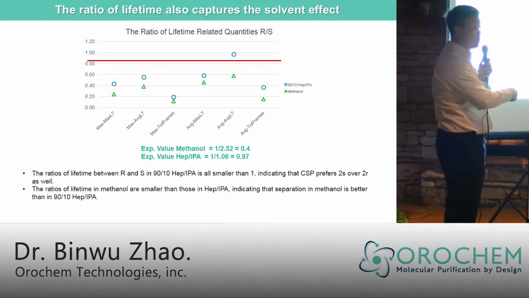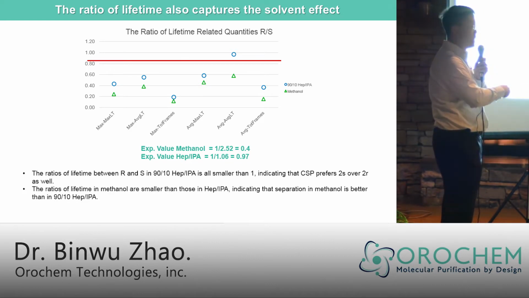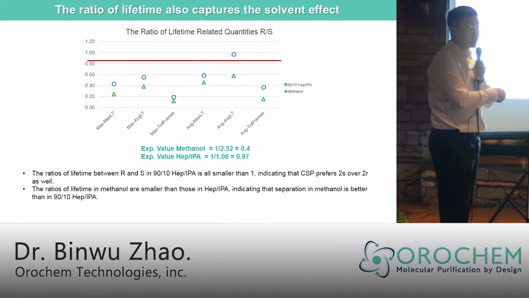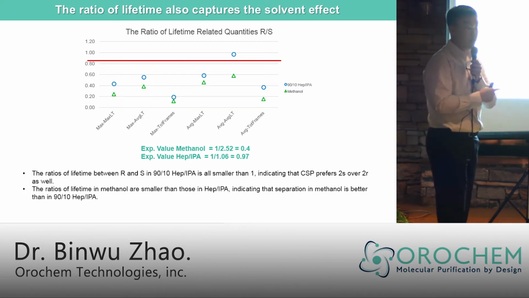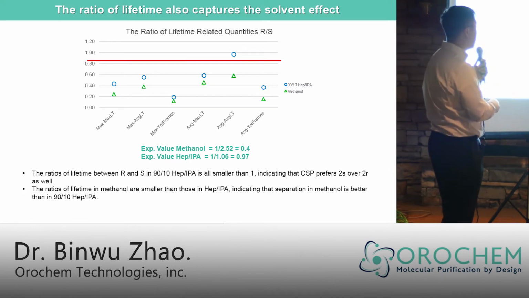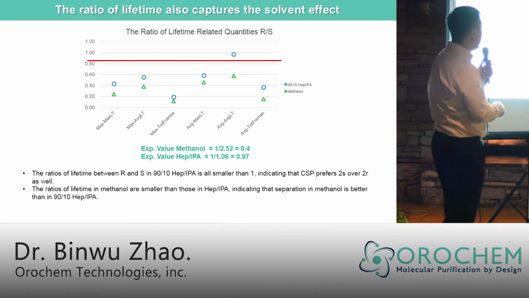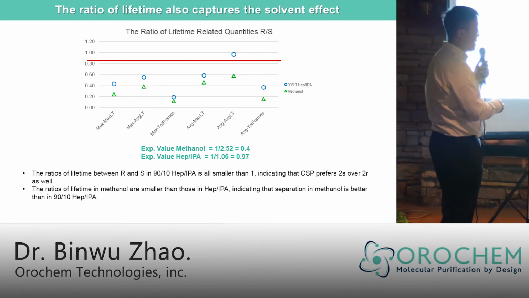And all of these values are smaller than 1, which means in each solvent condition, we are predicting the correct elution order, and that is R comes out first. That is one thing. And the second thing is, see all the values of methanol, the green ones, are below the circle, which is 90/10 heptane IPA. So the experimental value of methanol is 0.4, and the experimental value of heptane IPA is 0.97.